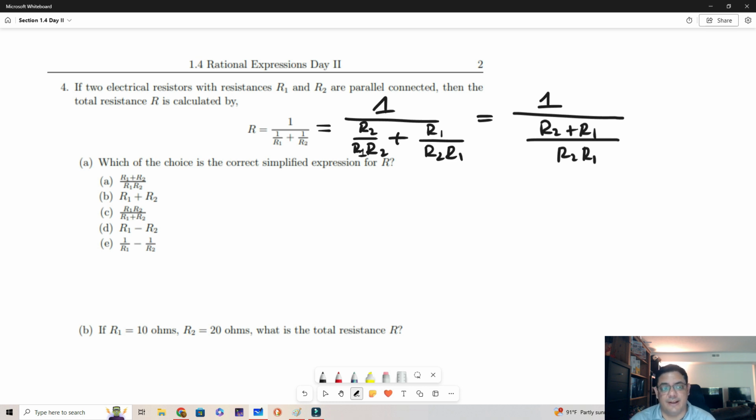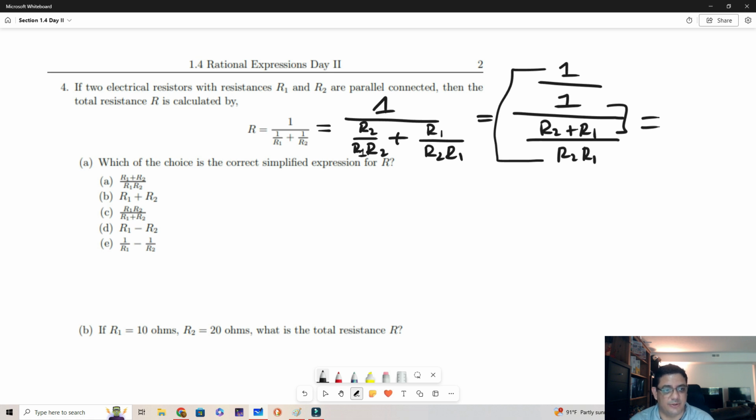Now, because I have a fraction, and on the top I can see this as a fraction as well, I can see this 1 as 1 over 1. And so I can use properties of fractions.